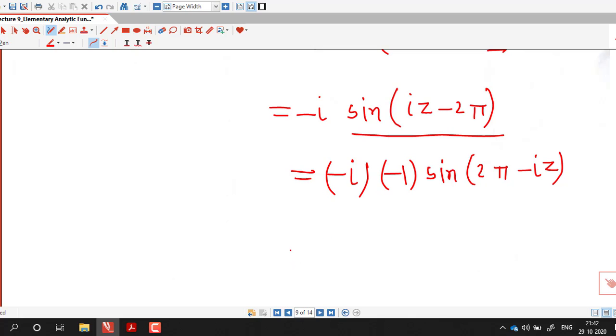So here negative negative positive, and we are left with i, and this we can rewrite as sine of minus iz plus 2 pi.